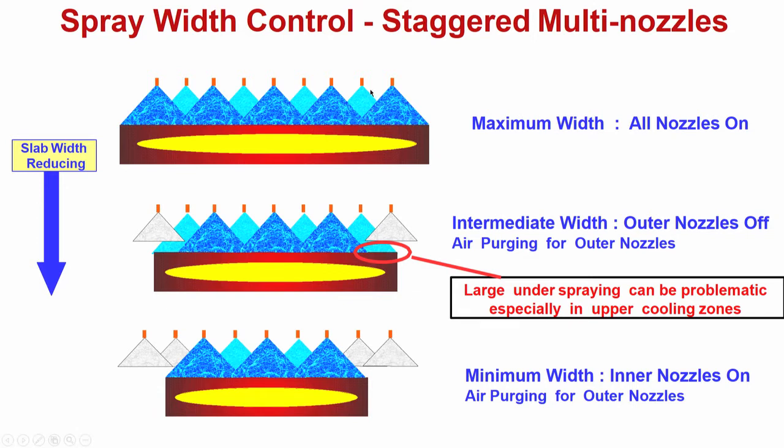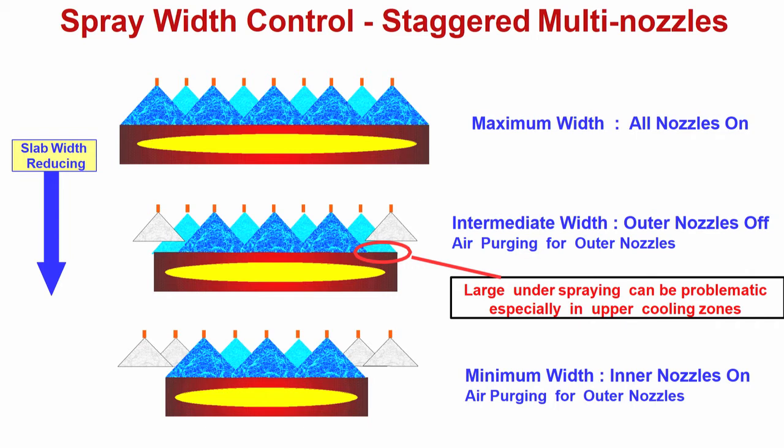Just behind at the back we have 1, 2, 3, 4, at a staggered position. Now, when we are using the maximum width, this front row of nozzles is being used.